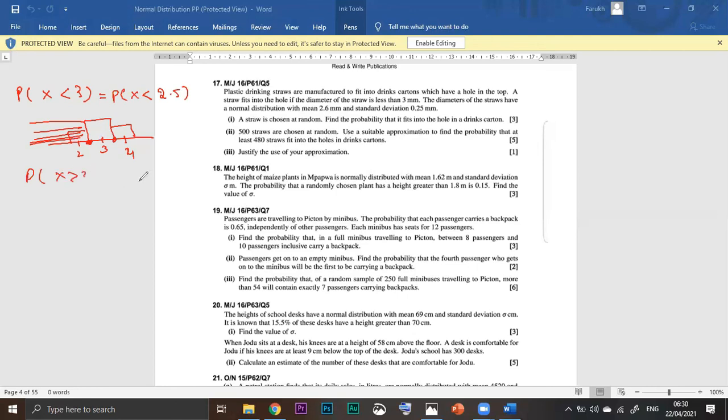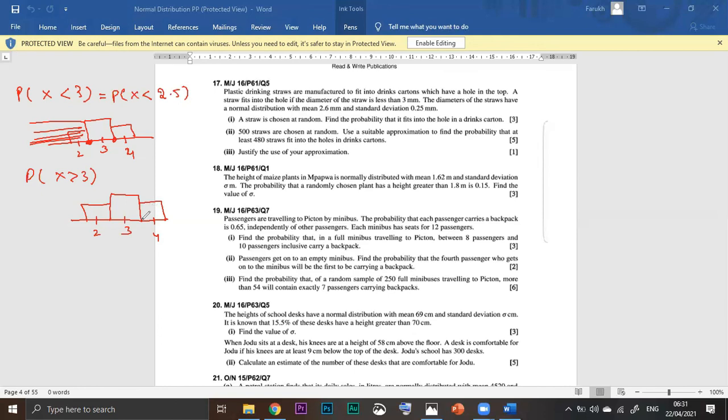Probability x greater than 3. Again we draw three rectangles with 3 in the middle and 2 and 4 in the neighborhood. Should we move towards the right or left of 3? Right. Should we include 3?